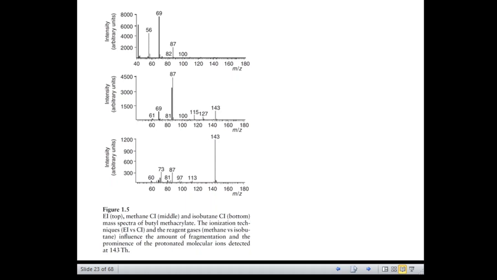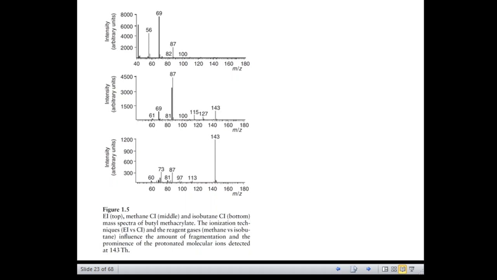Right. So if you observe the middle figure and the bottom figure, the degree of fragmentation is different. With isobutane, the base peak is the protonated molecular ion at m/z 143, whereas with methane, the base peak is a fragment ion at m/z 87.